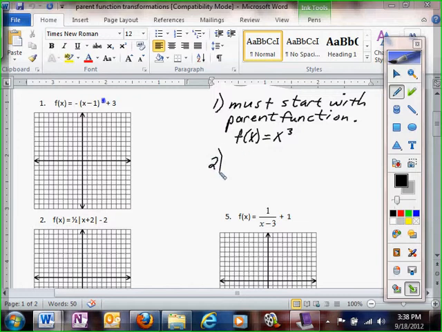The second thing that we need to remember is when we're doing our transformations, we will follow our normal order of operations.